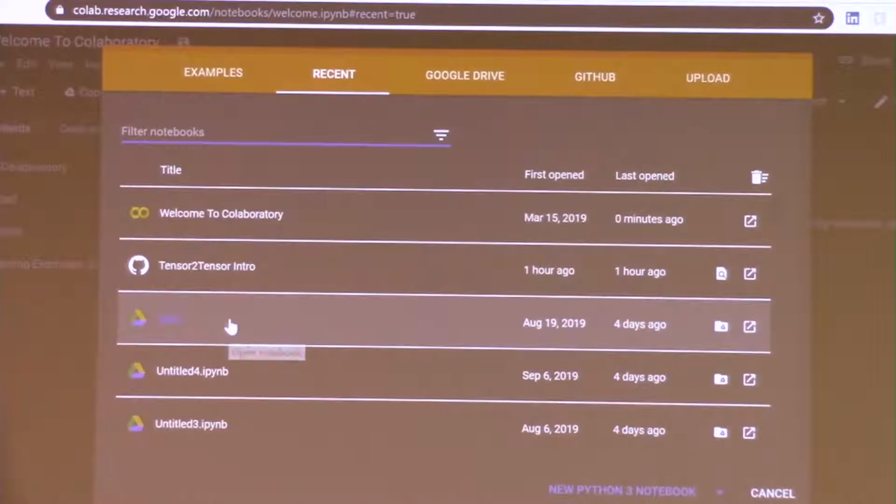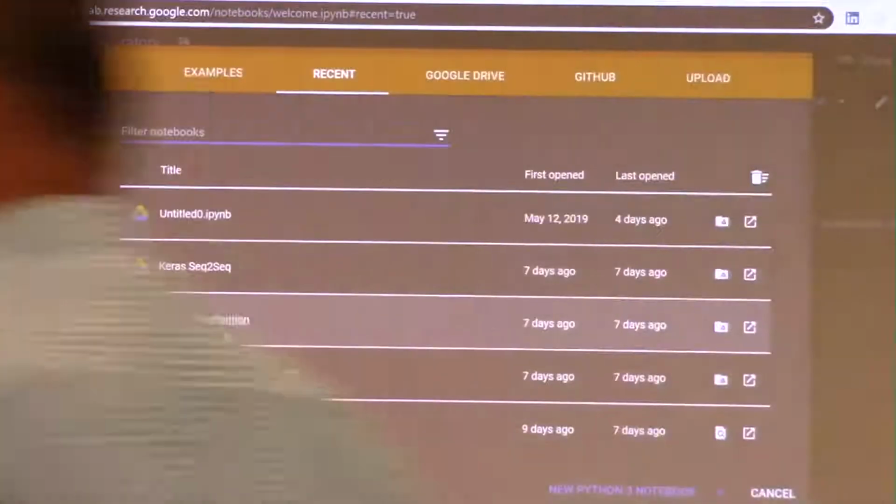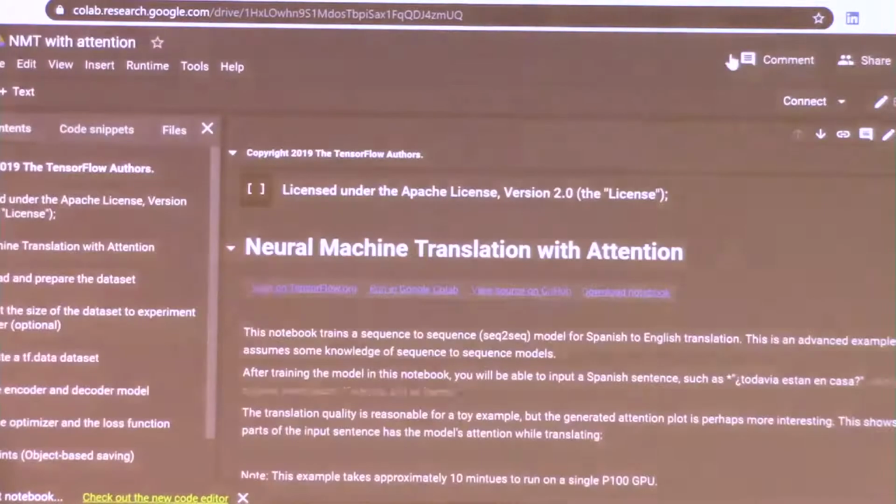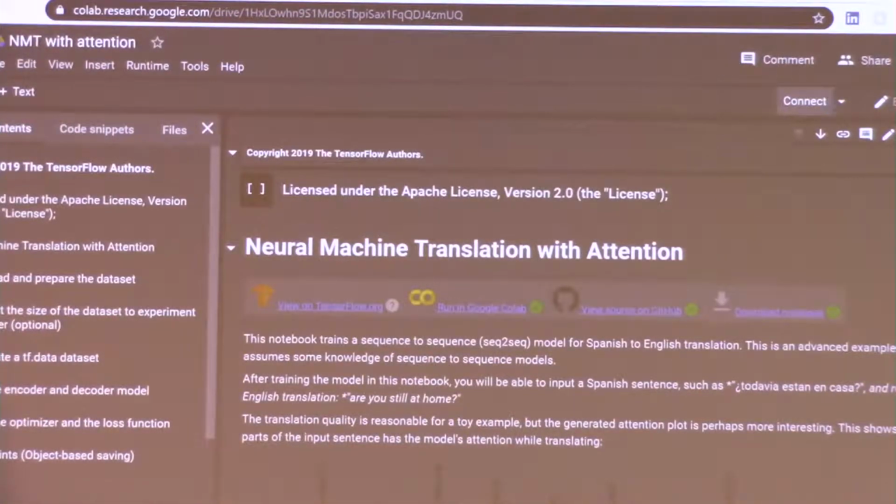So I'd like to use this as a notebook, NMT with attention. This is actually adapted from TensorFlow's tutorials. So this is not my code, but they have put a lot of effort into making this very clean, and I will capitalize on that.